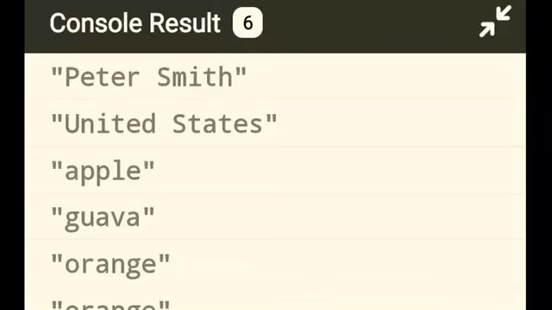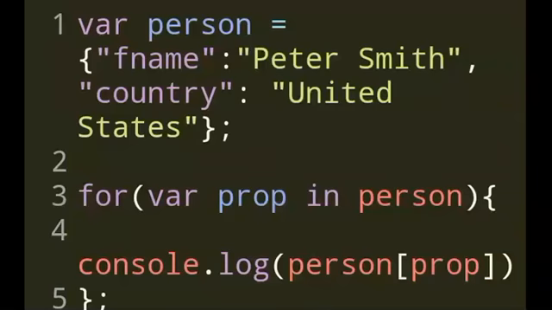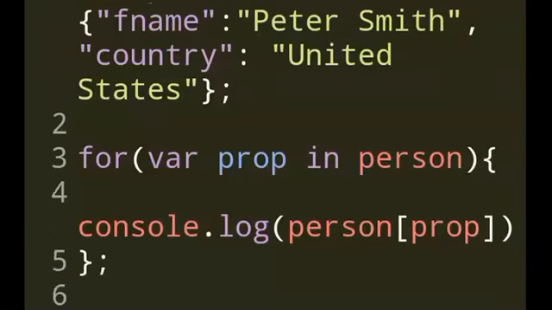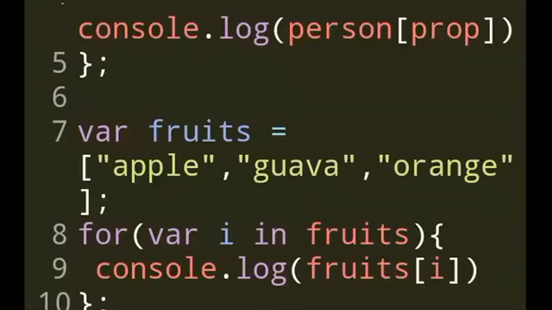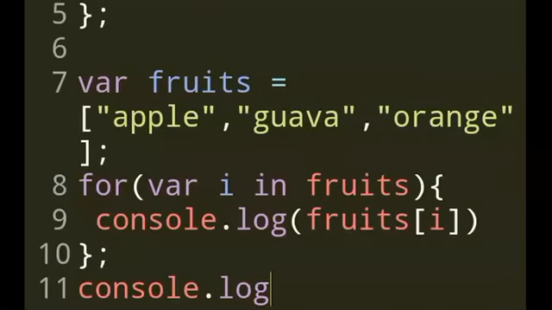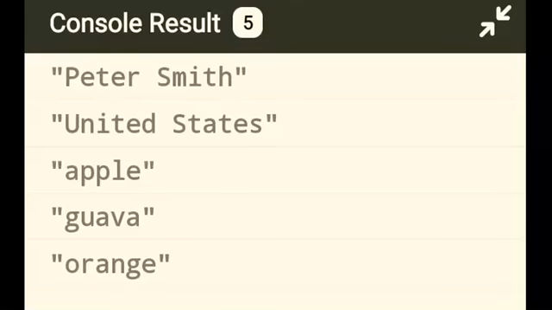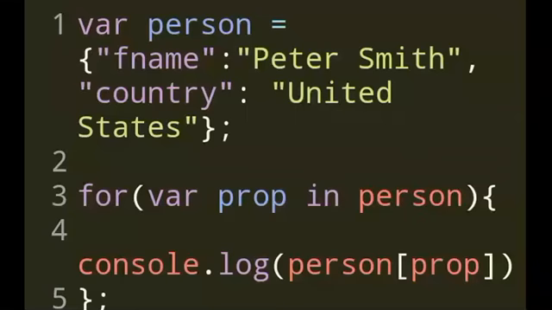Okay, there you go. You have been able to access all the fruits: apple, guava, orange. Oh, sorry. By mistake, I did the console log 2 times. I've already done it inside. Okay, sorry about that. Check out the result. There you go, apple, guava, orange. And what was our array? Apple, guava, orange.